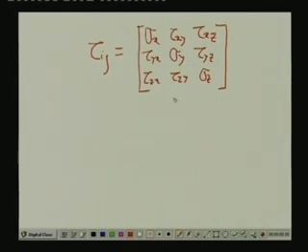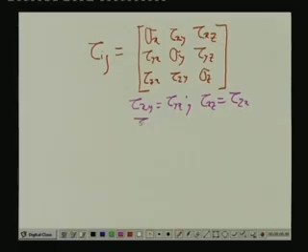Now, from the equality of the shear, we have obtained that tau x y is equal to tau y x, tau x z is equal to tau z x, and tau y z is equal to tau z y.